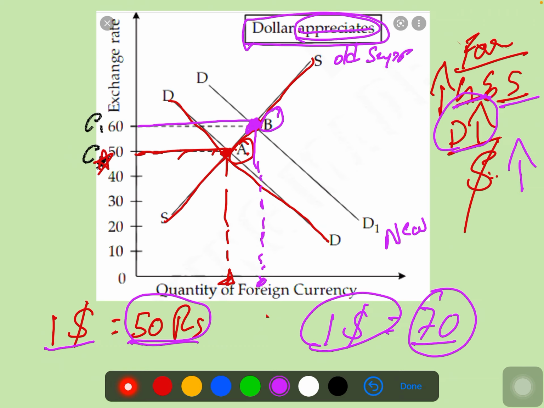When it comes to the local currency which we are using, which is the rupee, it got depreciated. The local currency value, which is the rupee, got depreciated. So this way the dollar got appreciated and the local currency, the rupee, got depreciated.